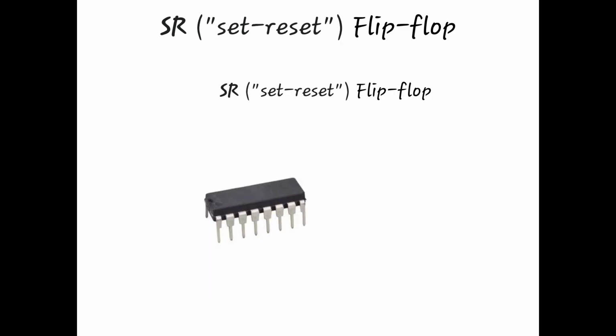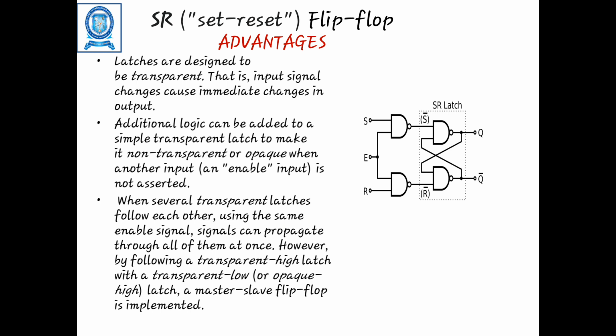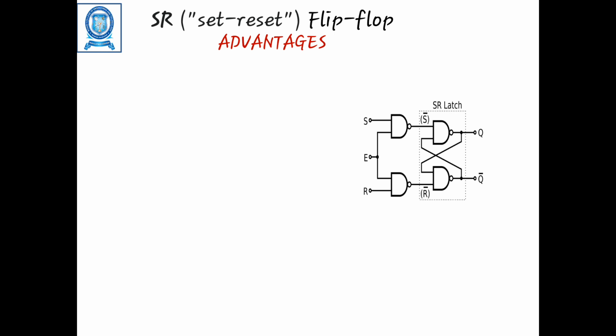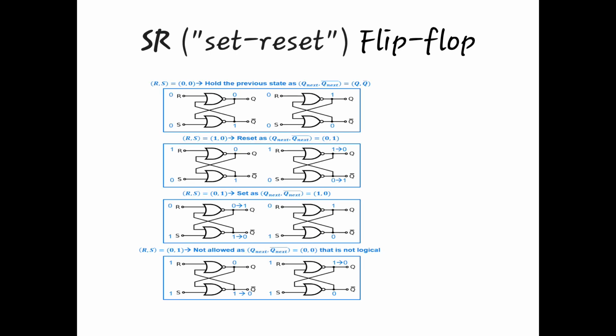So SR flip-flop is called set reset flip-flop. In the case of set reset flip-flop, let us consider the conditions using the flip-flop diagram. When S is equal to 0 and R is equal to 0, that is the initial condition, no change will occur.